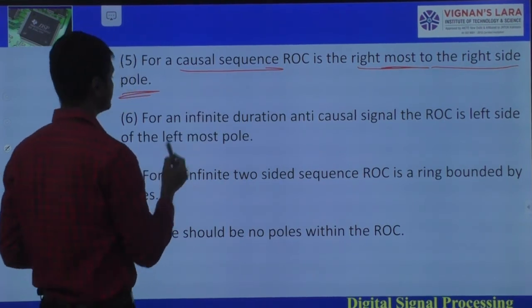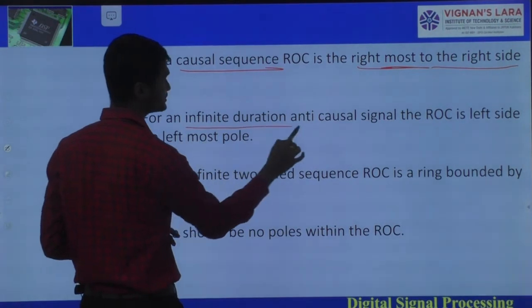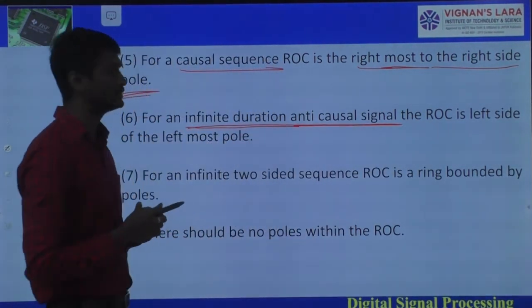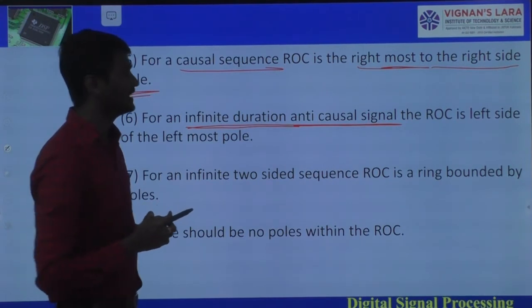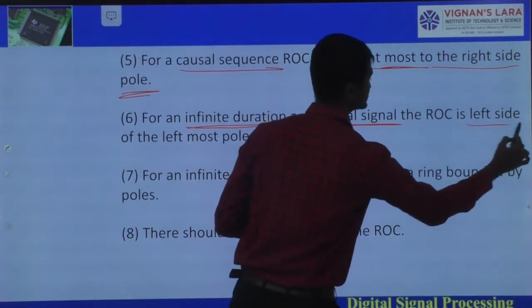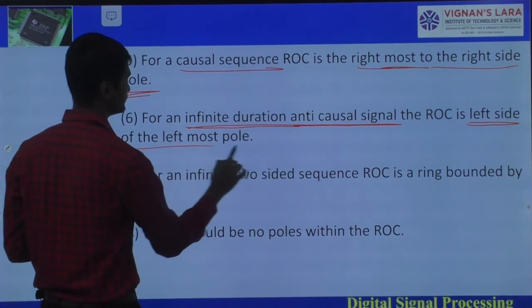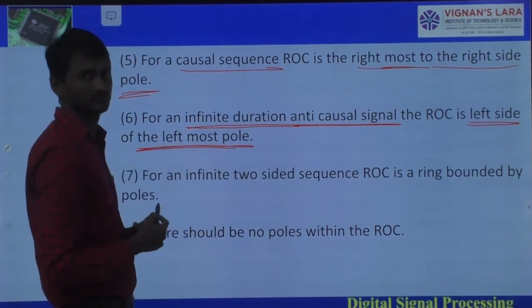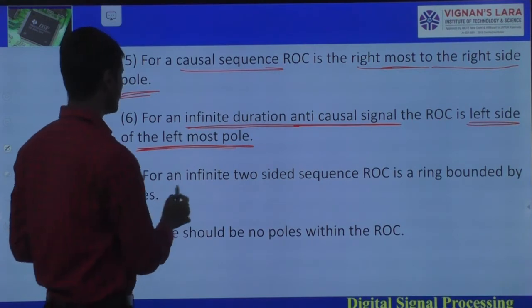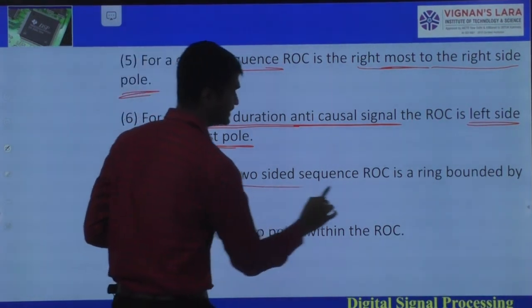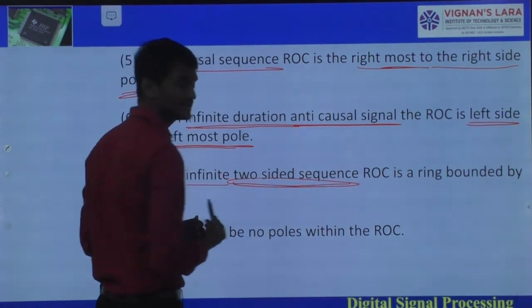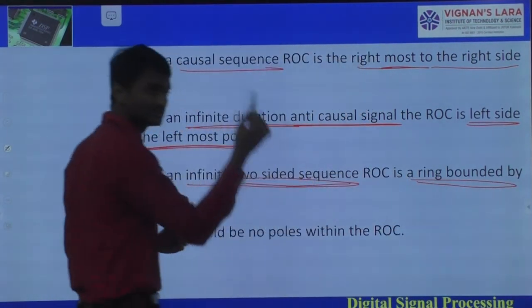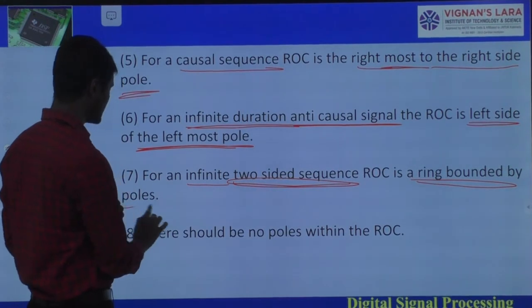Okay. Next, for an infinite duration anti-causal signal, the ROC is to the left of the leftmost pole. Next, for an infinite two-sided sequence, the ROC is a ring-shaped structure bounded by the poles.